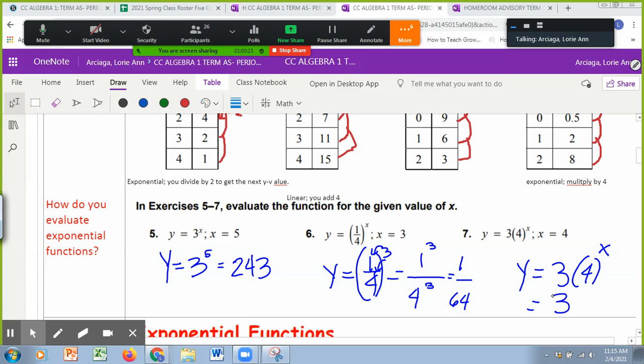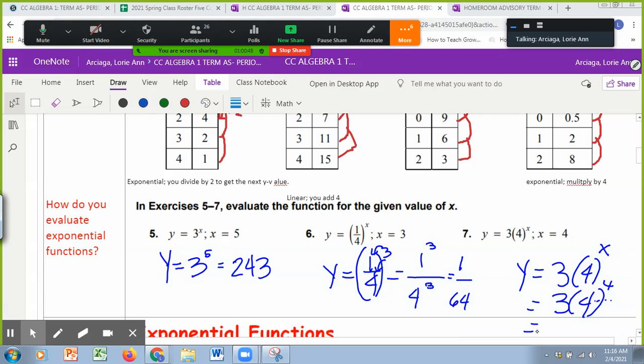Okay, so here we go. Y equals 3 times 4 to the x. We got to change the x to the 4th power. So how do you do this? You go 4 times 4 times 4 times 4. Whatever that is, you got to multiply it to 3. Or if you enter this in the calculator, it will give you the answer right away.